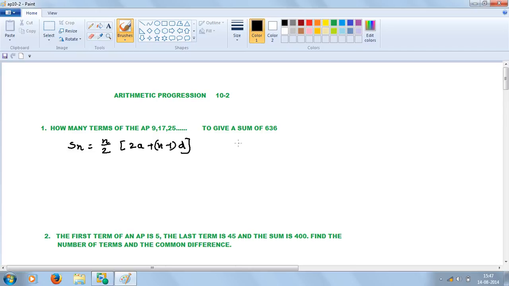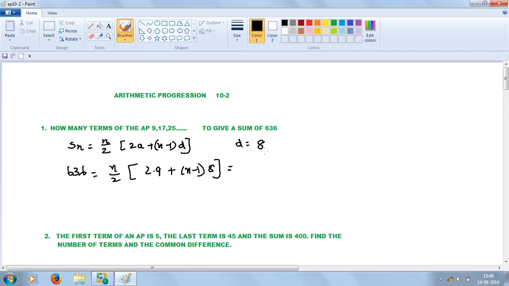So in this case, d is equal to 17 minus 9, which is 8. So 636 is the sum, Sn. n by 2, where n we have to find out, multiplied by 2a. a is equal to 9, so 2a is 18, 2 multiplied by 9, plus n minus 1 multiplied by d. d is 8.